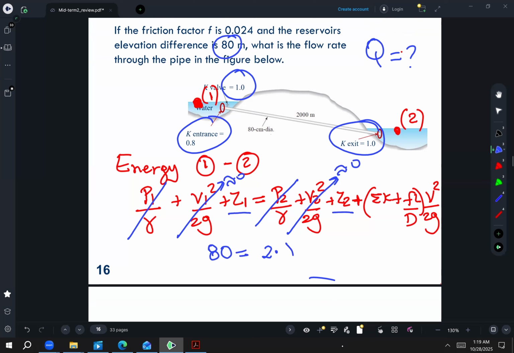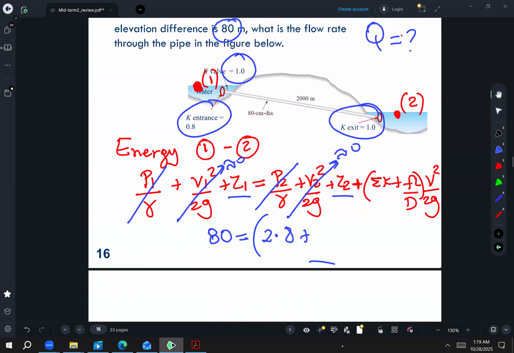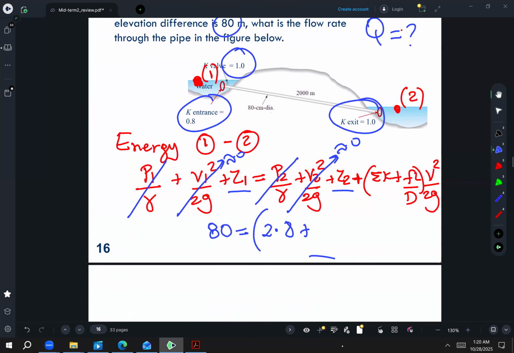So it's going to be 2.8 plus the friction factor, which in this problem is 0.024, times the pipe length. The pipe length is 2000 and the diameter is 0.8, times the velocity squared divided by 2 times gravity, which is 9.8 or 9.81. So here the only unknown is the velocity.